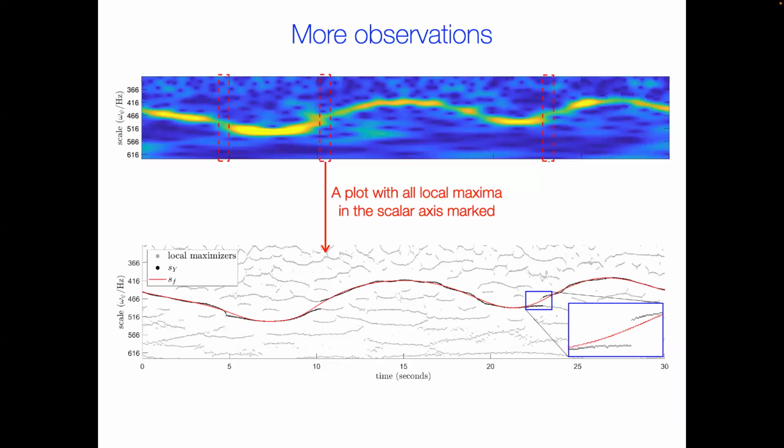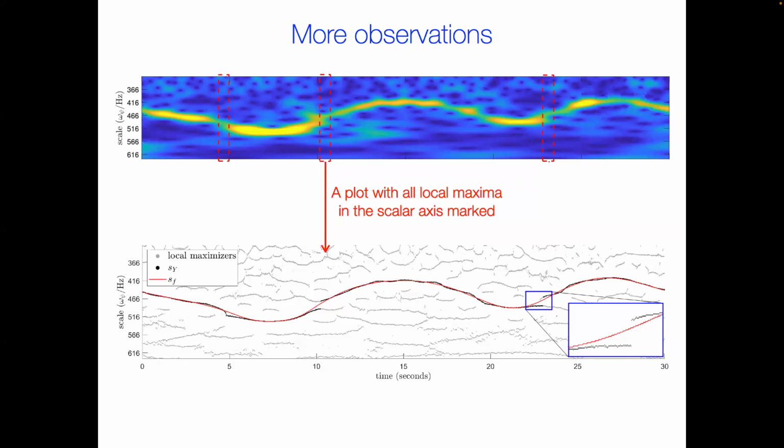Hau-Tieng, we are doing ridge, which is local maxima, right? So why do you want to plot the time-frequency representation in that complicated way? How about if we just plot the local maxima? Maybe it'll be more informative. Yes, you are right. It is. Suppose now I don't plot the signal on the top way, but instead, locally at each time, I find all local maxima.